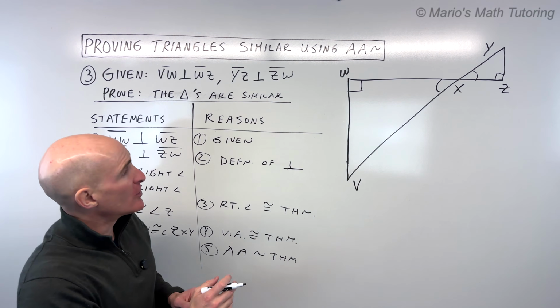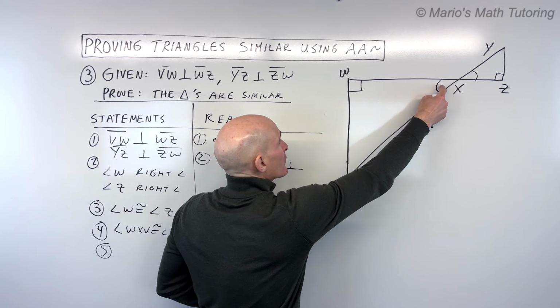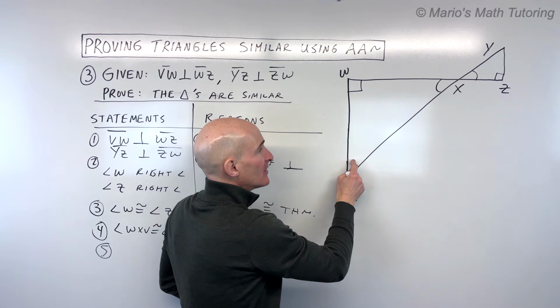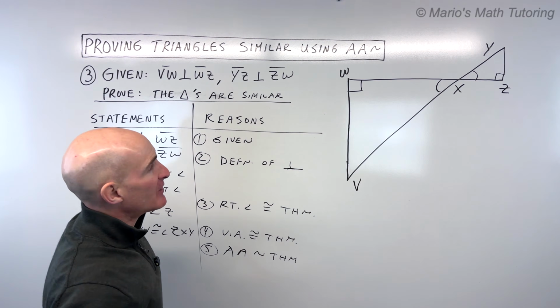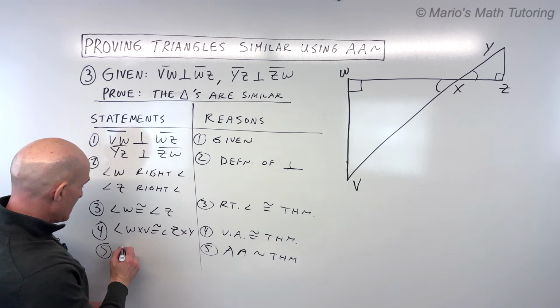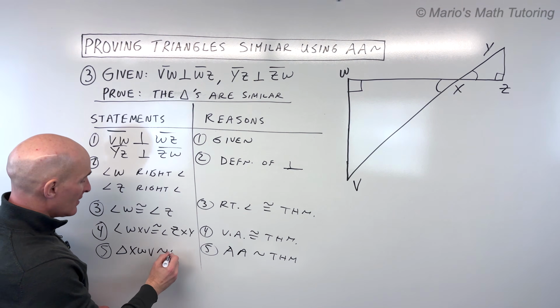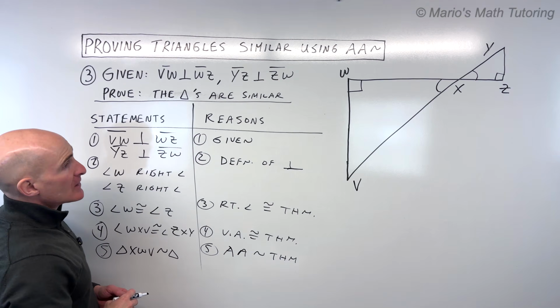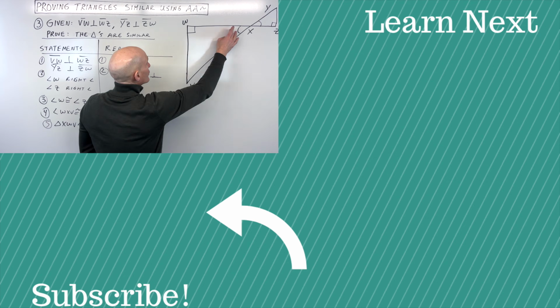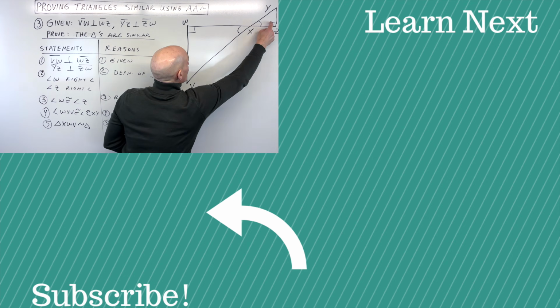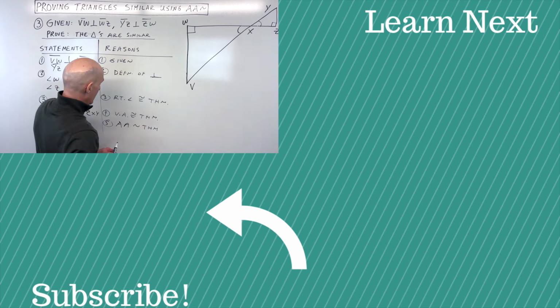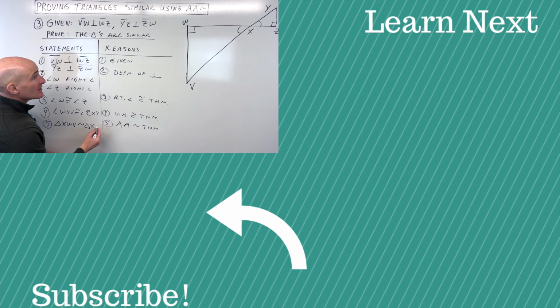So I'm going to use that strategy where I go from the vertical angle to the right angle to the not named angle. So XWV, triangle XWV. This is just one strategy, but I think it's helpful. So we went vertical, right, none, vertical, right, none. So XZY. And that's it, we proved it.